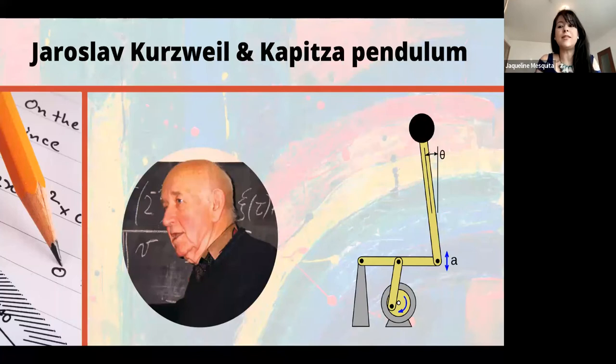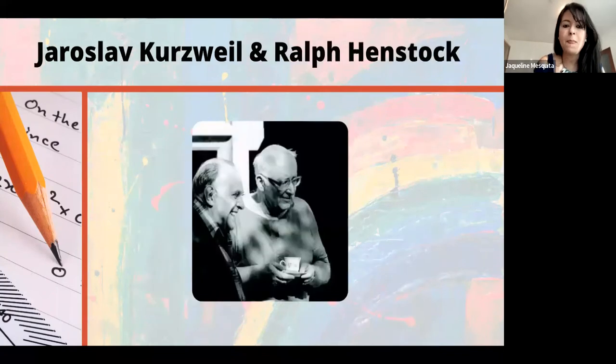And in order to investigate the behavior of this pendulum, he proved some continuous dependence on parameter results, and then used these results to apply averaging methods to have some approach about the behavior of the solutions, and then to investigate more deeply this type of pendulum.